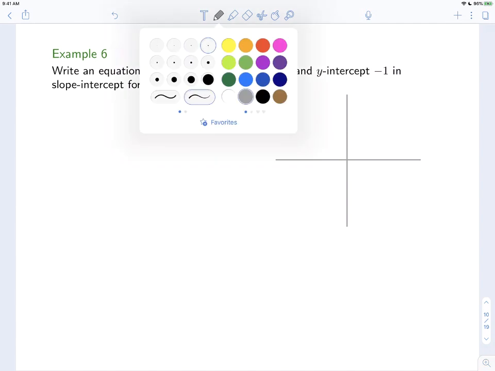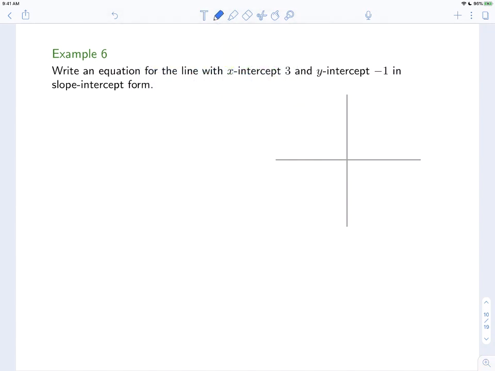The x-intercept is 3, so 1, 2, 3. So that means it passes through the point 3, 0, and the y-intercept is -1. So that means it passes through the point 0, -1. So that means the line is this line right here. Might as well just extend it the other way as well, like so.